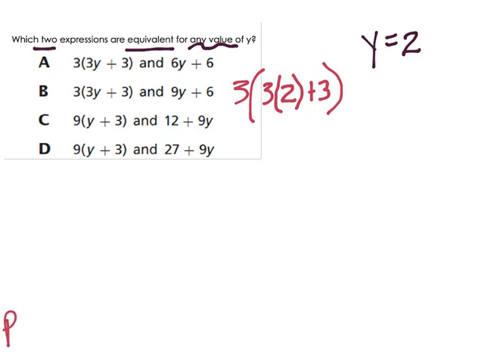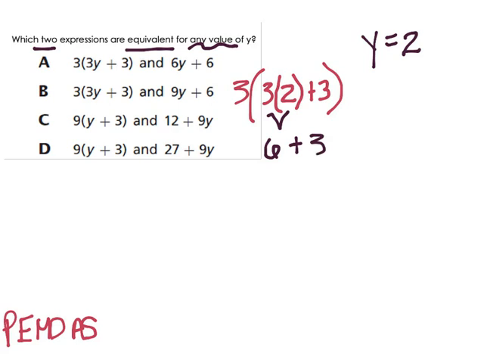Remember, order of operations is parentheses, exponents, multiplication or division, addition or subtraction. So I see parentheses, so I need to evaluate within the parentheses first. I see that there is multiplication, so I need to evaluate that first. 3 times 2 is 6.